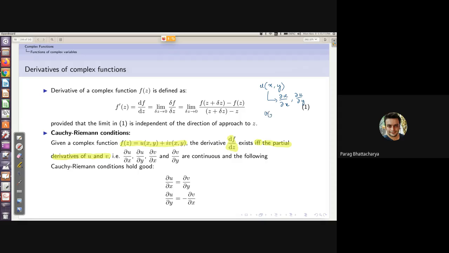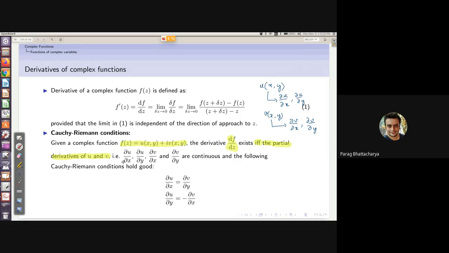Similarly, v is a function of x and y. Since it is a function of two variables, it will have a partial derivative with respect to x, and it will have a partial derivative with respect to y.